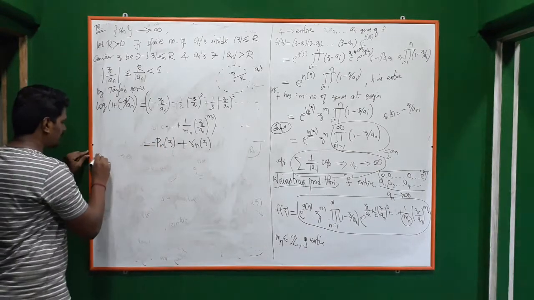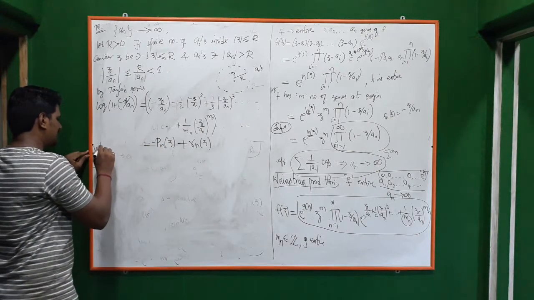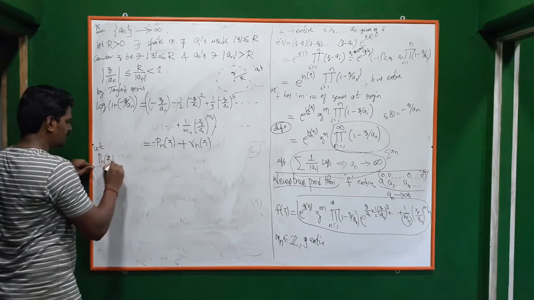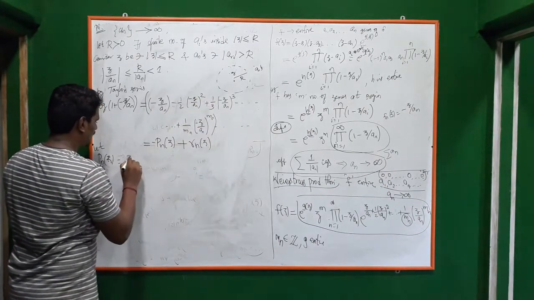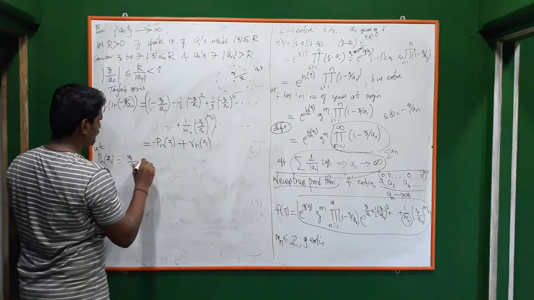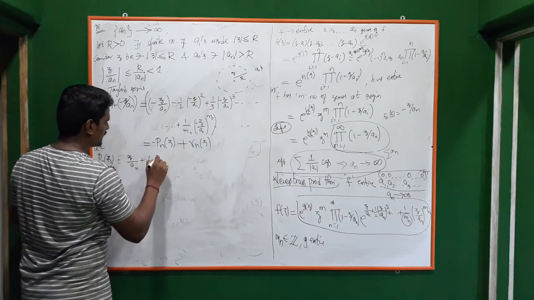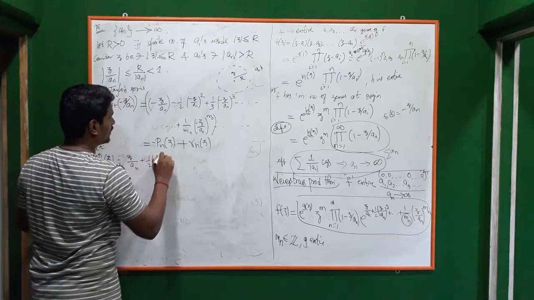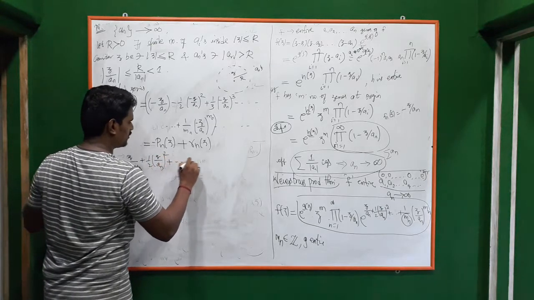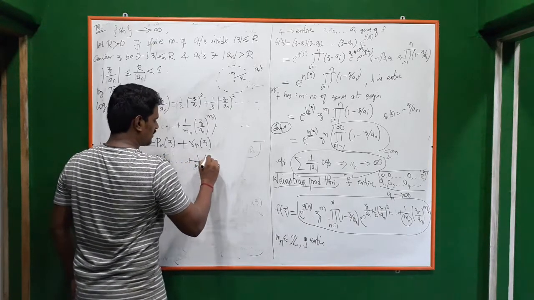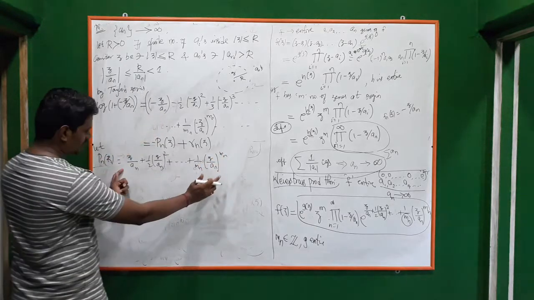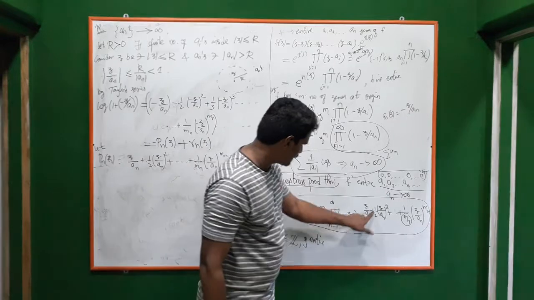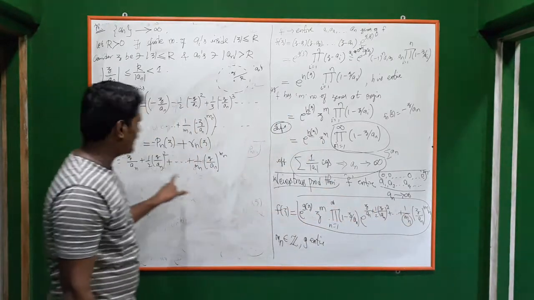Let P_n(z) be these m_n terms with no minus: z/a_n + (1/2)(z/a_n)² + and so on up to (1/m_n)(z/a_n)^(m_n). This is the term which we have in the exponential power; that we have to prove.